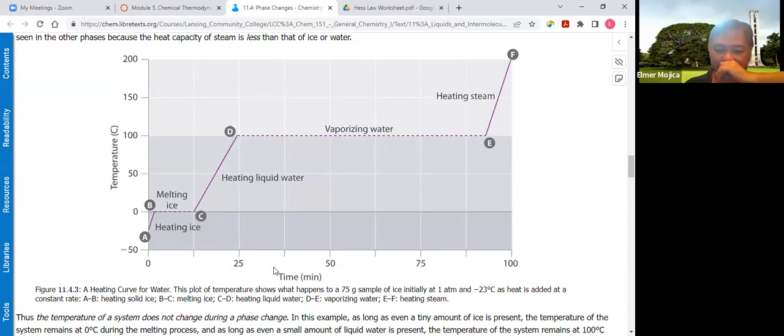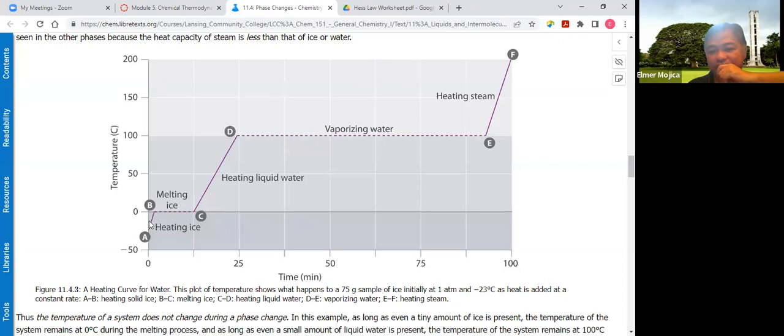This is what you have, the time and the temperature. The longer the time that you're applying energy, the more energy that you apply, the idea is you're breaking the IMFA that you have. Looking at this heating curve, from point A to point B, the phase there is solid.